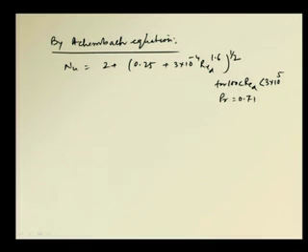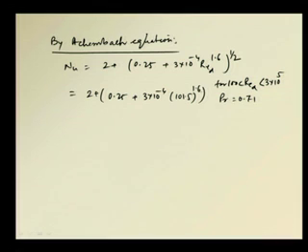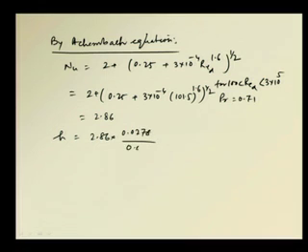So, it is applicable, and then it is 2 plus (0.25 plus 3 into 10 to the power minus 4 into 101.5 to the power 1.6) whole to the power half, and this value is becoming 2.86. Then h is becoming 2.86 into 0.0278 by 0.002, and this will be 39.7 watt per meter square Kelvin.